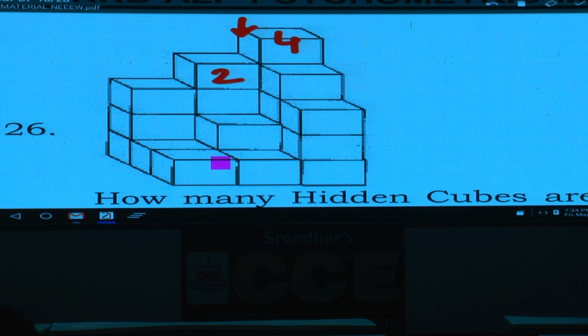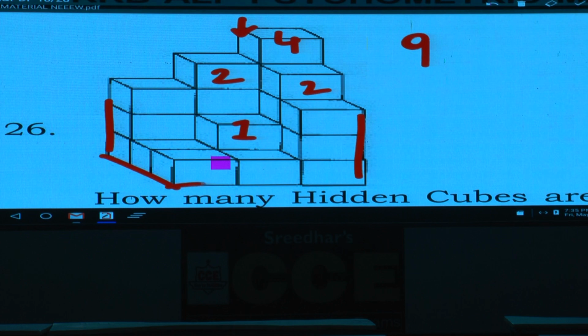Now in this floor 2 were seen and 2 cannot be seen here. And in the next floor if you take third floor, now in this third floor here all the 3 can be seen. Here also all the 3 can be seen. Here there is one more that cannot be seen here, isn't it? Hence in total how many were there? 4 plus 2 plus 2 plus 1 is how much? 9. Total 9 were there as of now.